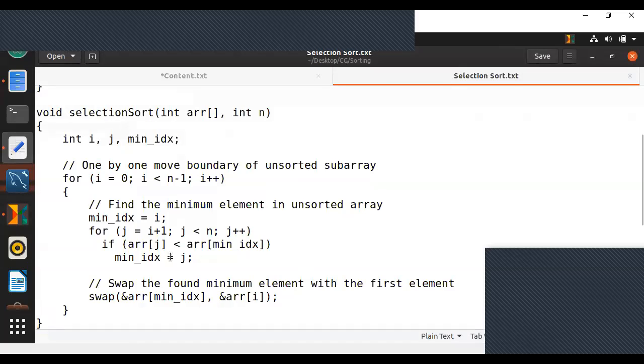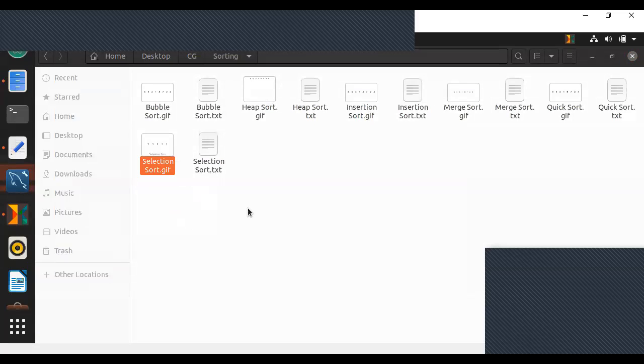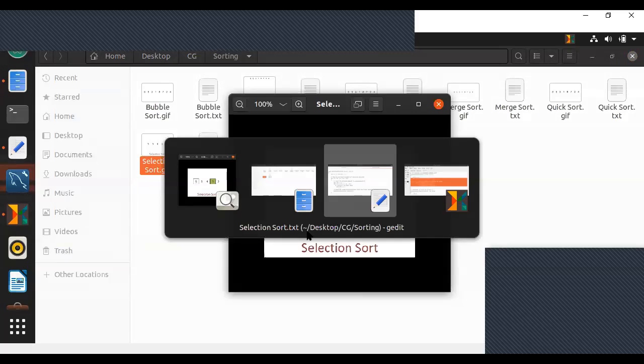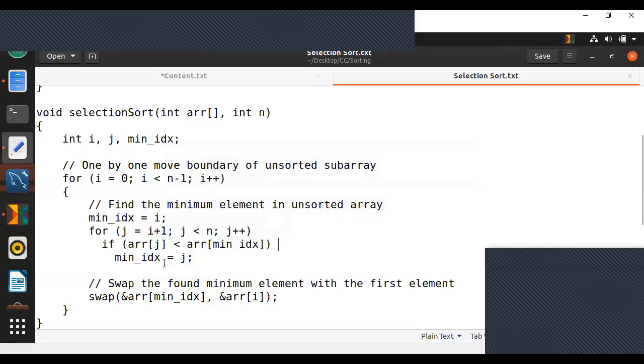Now, I'm not going to explain this in detail because I'm not going to go through the code entirely. But if you go through this, you see that throughout the for loop, we are trying to find the minimum value in the unsorted array. Whichever index we find as minimum, we're going to swap that minimum index with the first value.